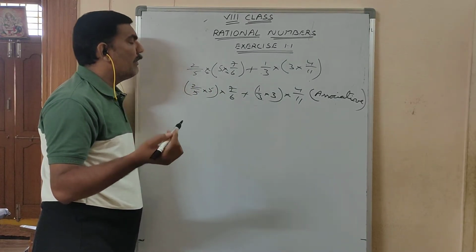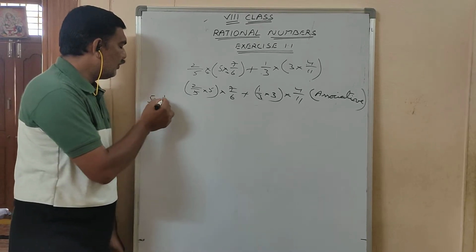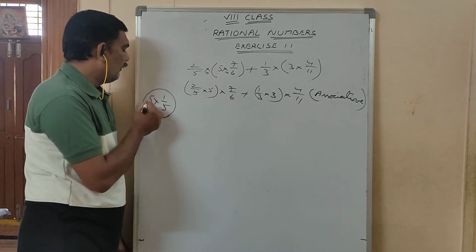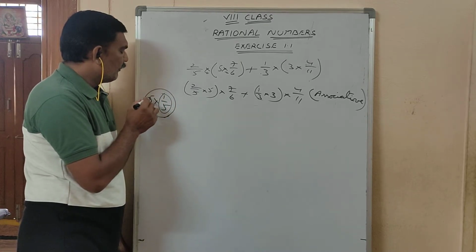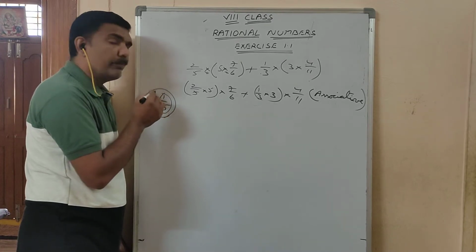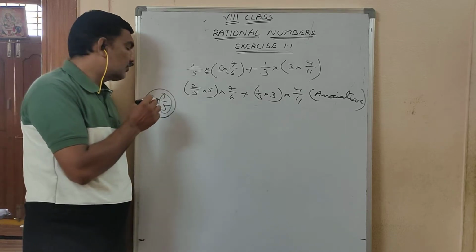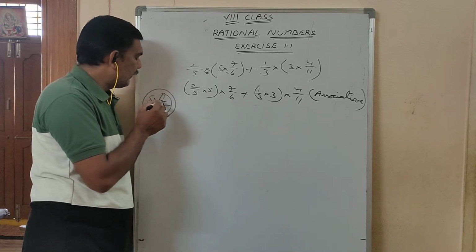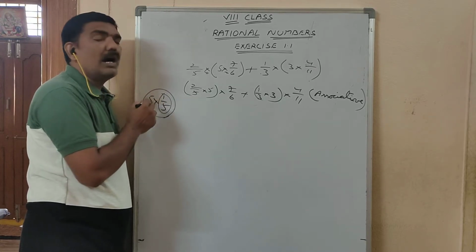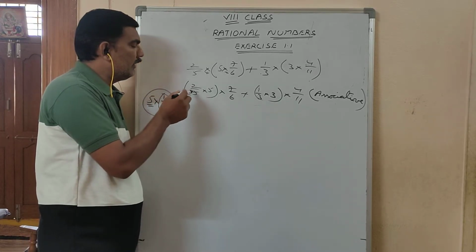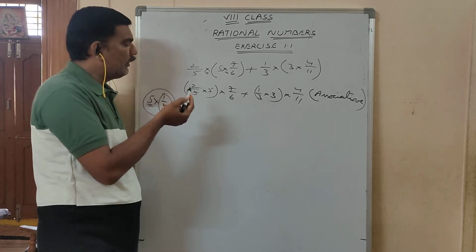If you imagine 5 into 1 by 5, 5 is one number, its reciprocal is 1 by 5. So 5 into 1 by 5, if you multiply, two properties are there: multiplicative inverse and multiplicative identity.